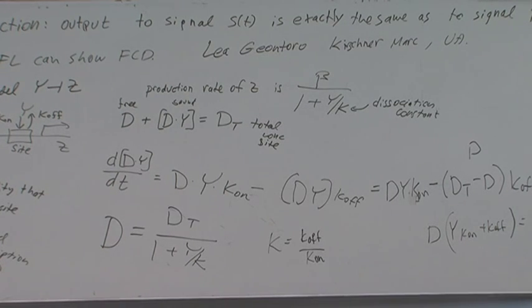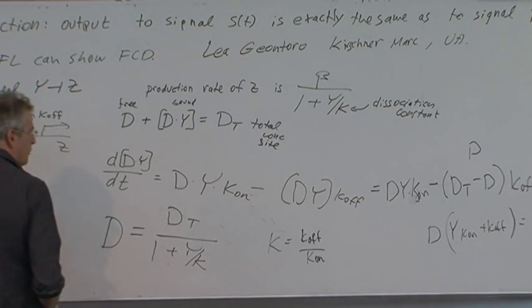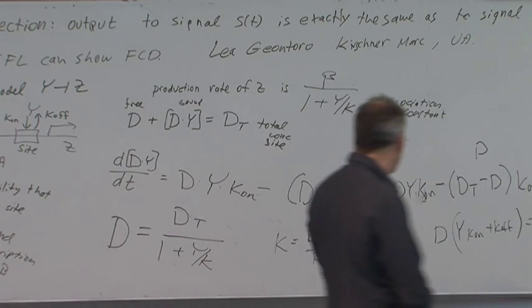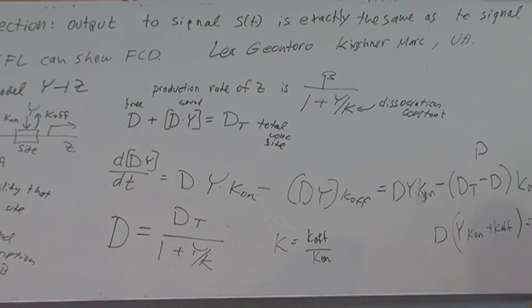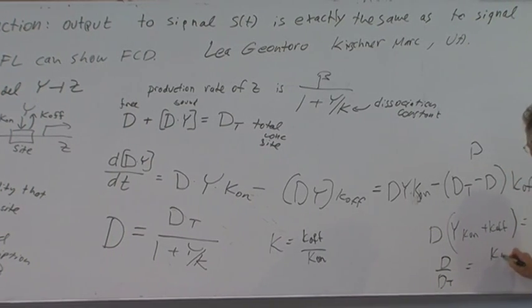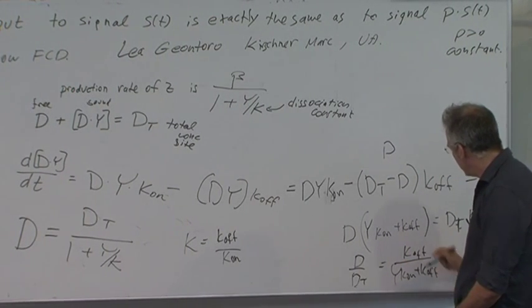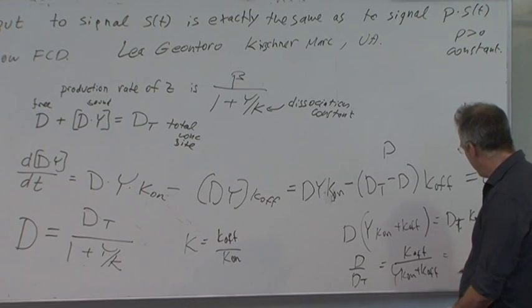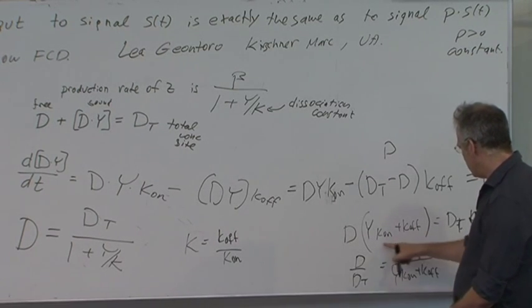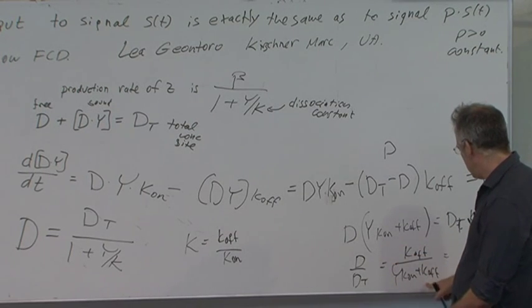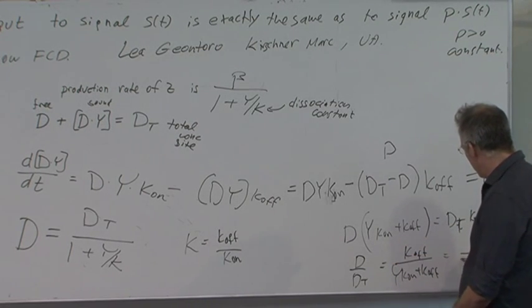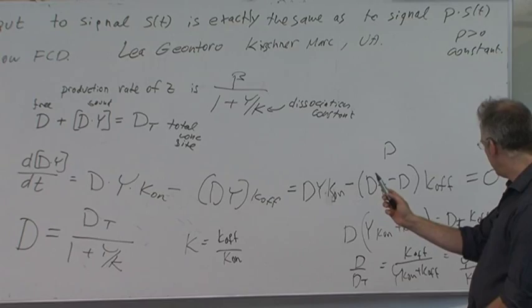How did I do that magic? d over d total equals k off divided by y k on plus k off. And I can divide by k off, so it's 1 over y divided by k plus 1, and k is k off divided by k on.